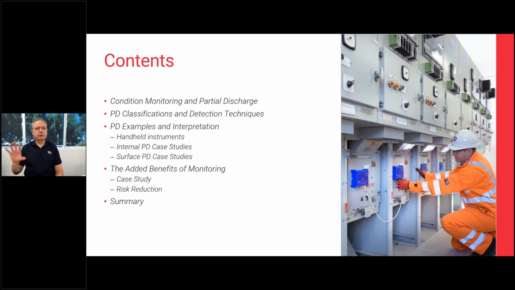We'll then talk at the end about why there is a definite trend towards permanent monitoring, again with some case studies, and show you how the risk is reduced if you put permanent monitoring onto assets, switchgear and cables. Any questions at any time, shoot them through, and we will also have a session at the end where we can take anything further.